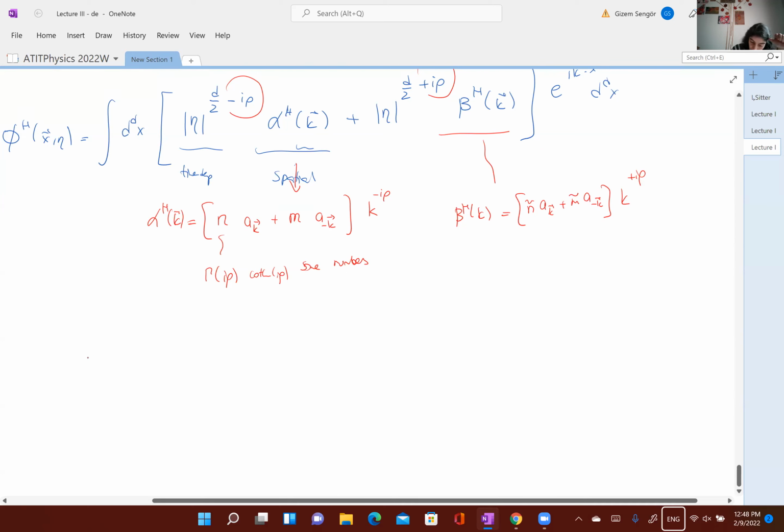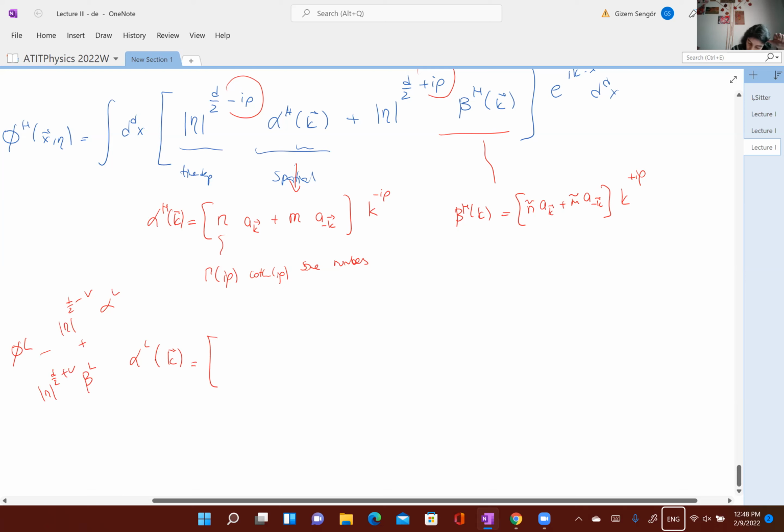Now something similar also happens for the light field case, and there you have a light operator. So there, instead of these i rhos, you get nu's. So this has a d over 2 minus nu piece, and a d over 2 plus nu piece, alpha light and beta light.